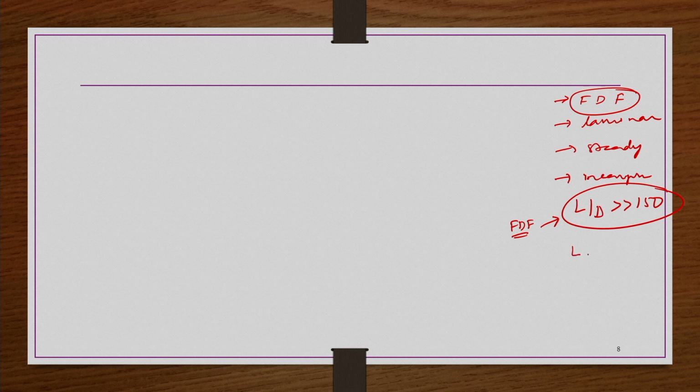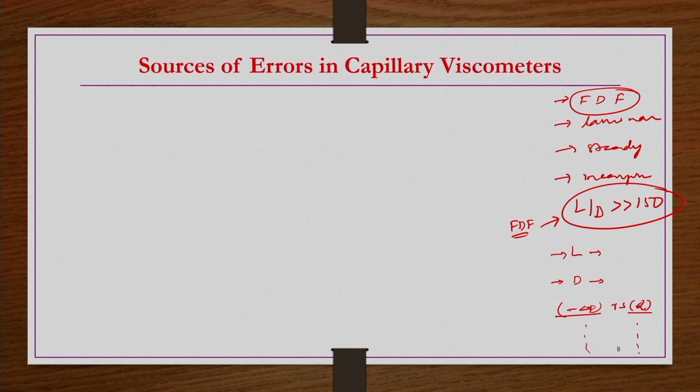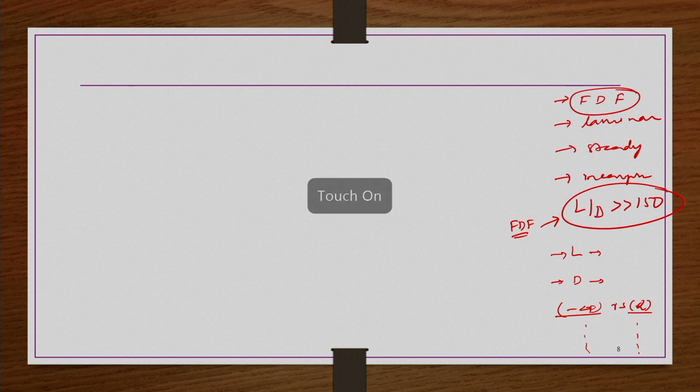That means, if you change the L by keeping D constant, or by keeping L constant and then you change the D, or simultaneously when you keep changing L and D, are you going to get minus delta P versus Q information very different from one case to the other case? That is what we have to see. If you are getting different data by changing the length, that means this parameter is very much essential, and then we have to make corrections for these L and D issues, right.